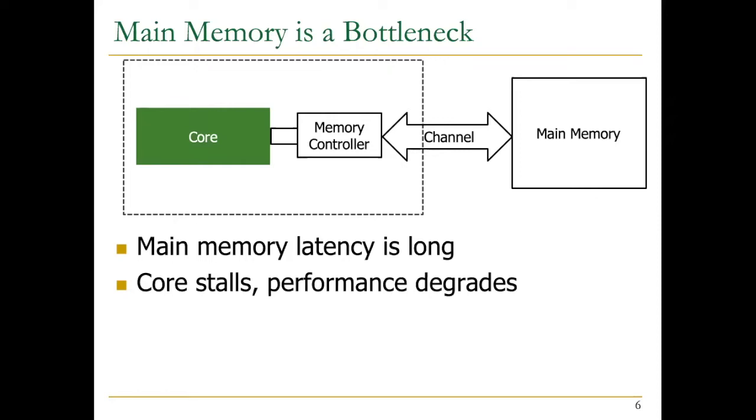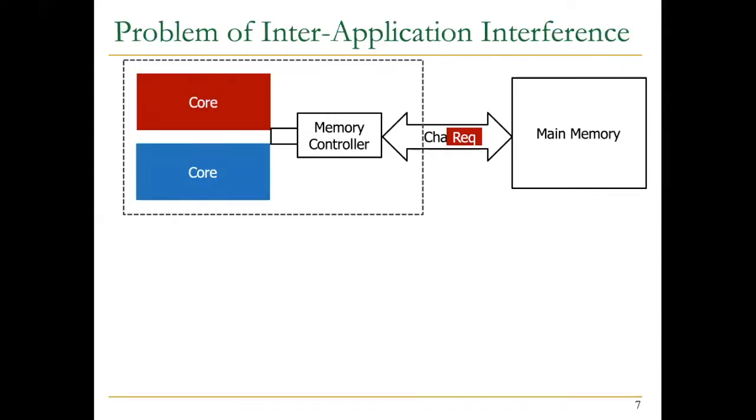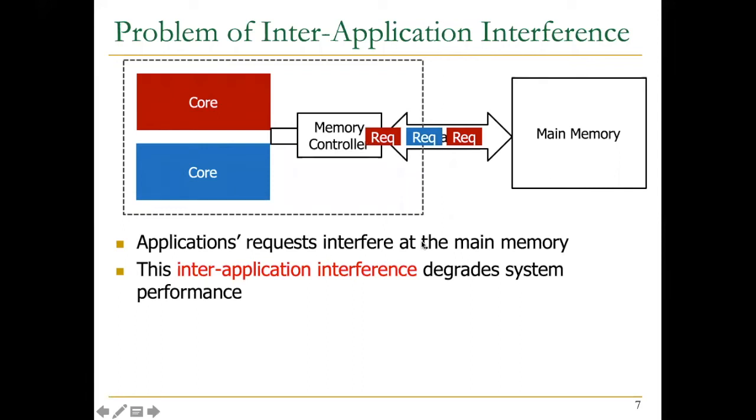This leads to the problem of inter-application interference. Both cores may generate requests to main memory, and the applications running on these cores may interfere at the main memory because these requests interfere with each other. This is called inter-application interference, and it degrades system performance compared to when a single application is running on any of these cores, clearly.